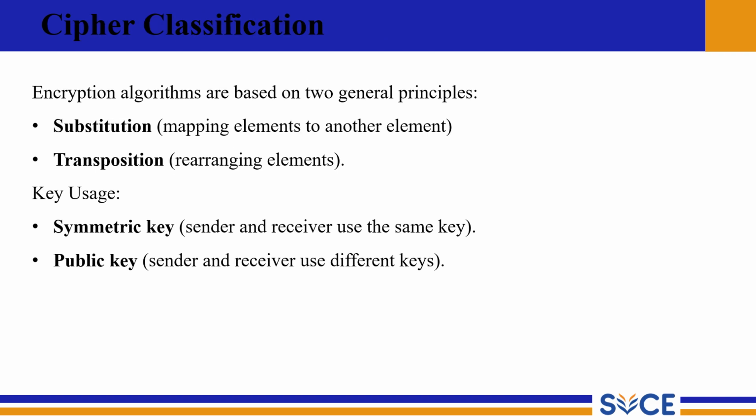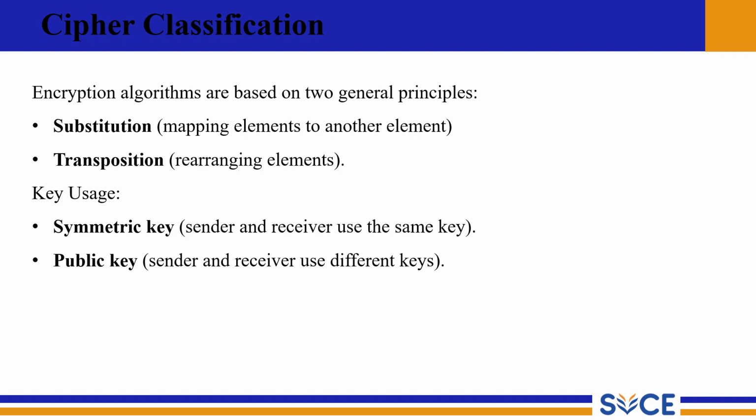Encryption algorithms are generally based on two principles: substitution, where each element is mapped into another element, or transposition, where elements in the plain text are simply rearranged. Systems are also classified by key usage.